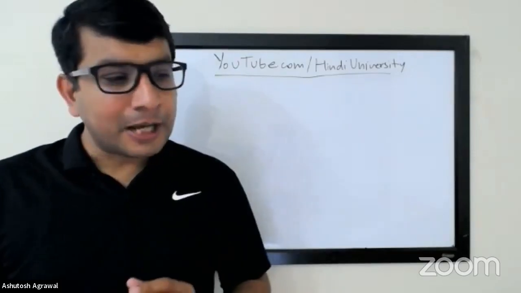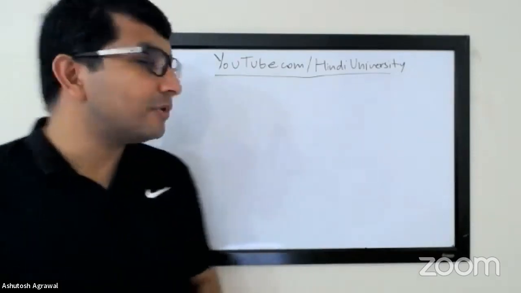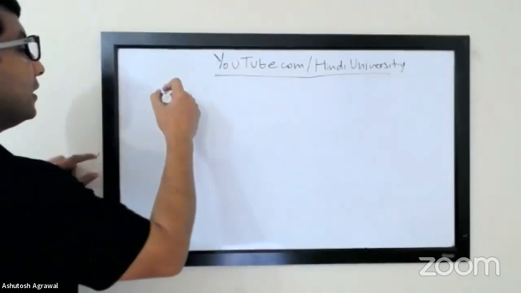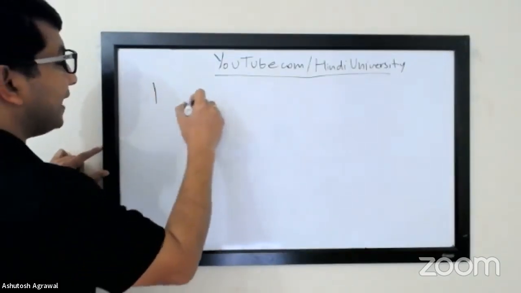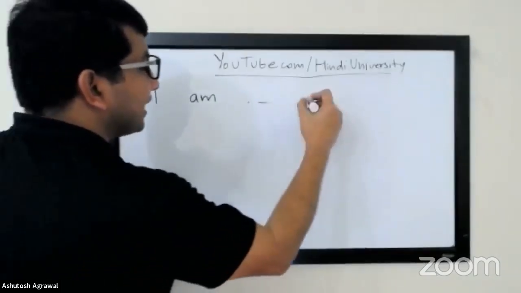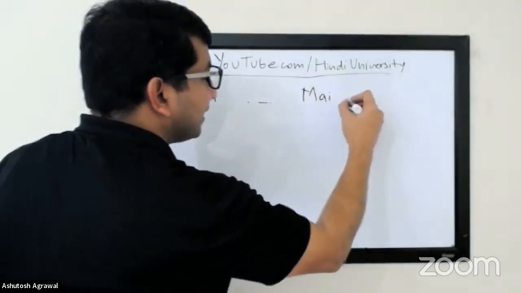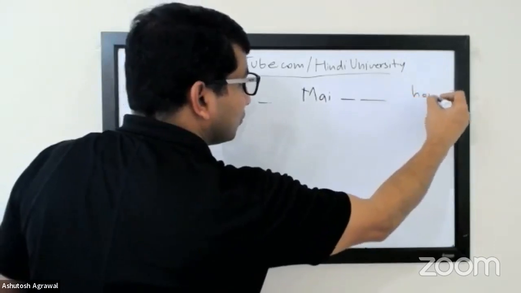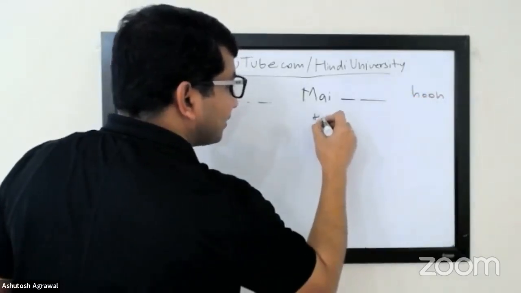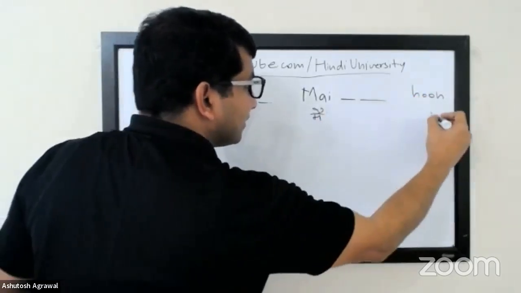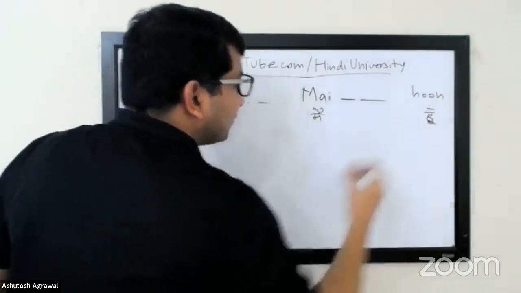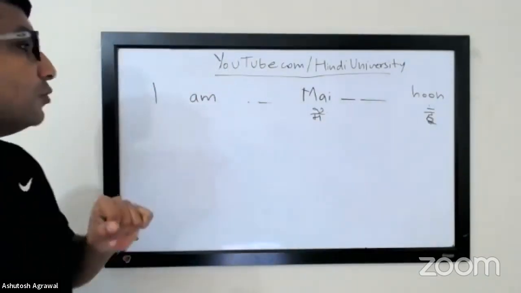In the very first class, we learned that where English says I am, in Hindi the pattern is मैं हूँ, and around that we covered various kinds of sentences with the मैं हूँ pattern.